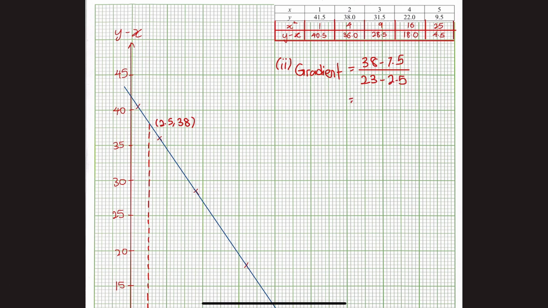Okay, then we can calculate what this is from here. Let me use my calculator. Okay, you can pause this video to calculate this by yourself. Okay, I should get 38.